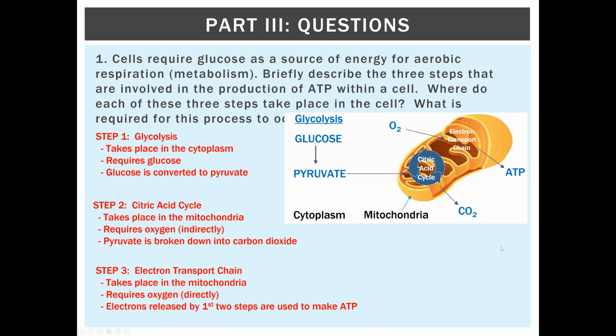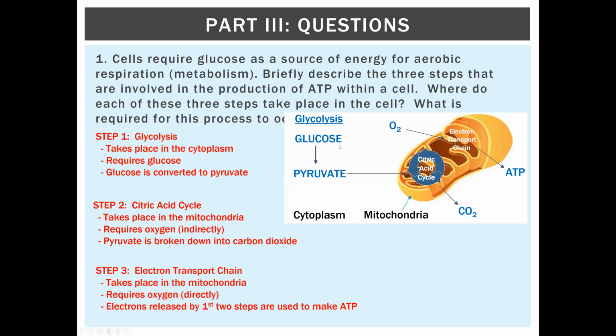And then step 3 is the electron transport chain, which also takes place in the mitochondria. This part directly requires the oxygen, and then the electrons that were released in these first 2 steps are used to make ATP. So notice all of this starts with glucose, which is a sugar.